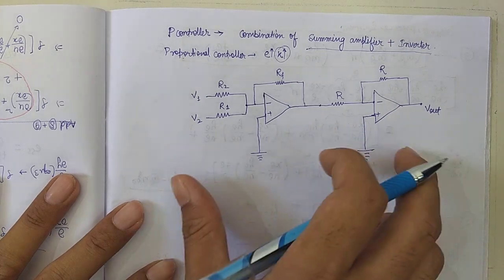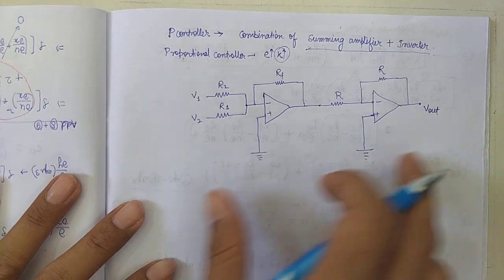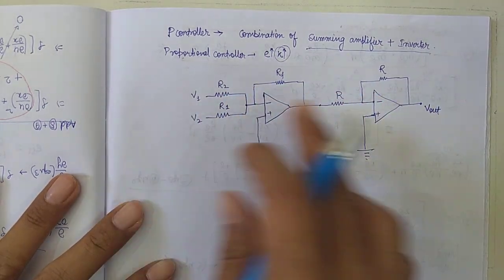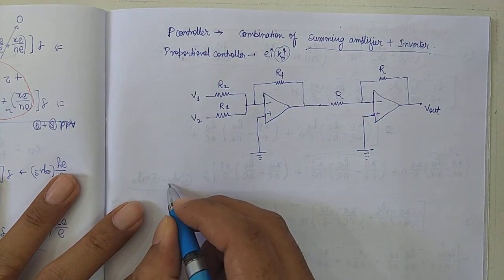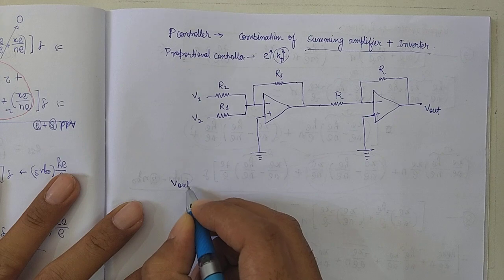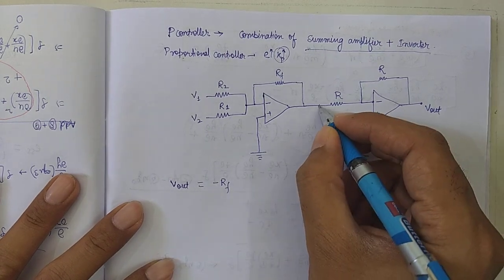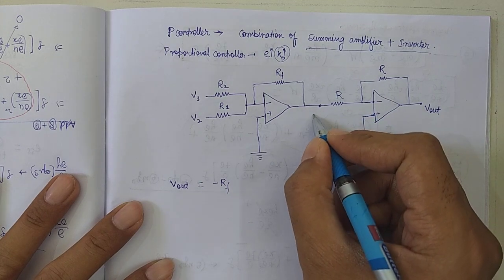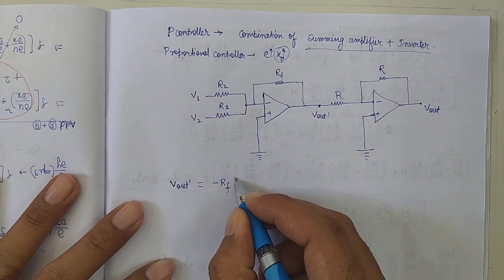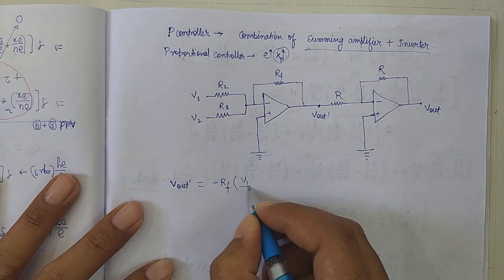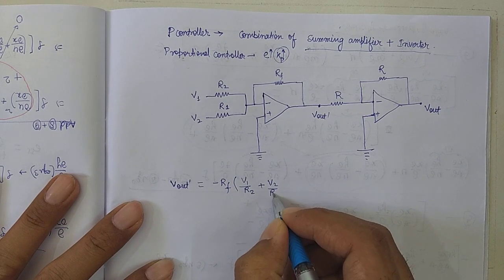So let us see how V out is associated with the Kp. So here V out is equal to minus Rf from here. This V out I'm talking about, let's suppose V out dash. So V out dash is Rf times V1 by R2 plus V2 by R1.